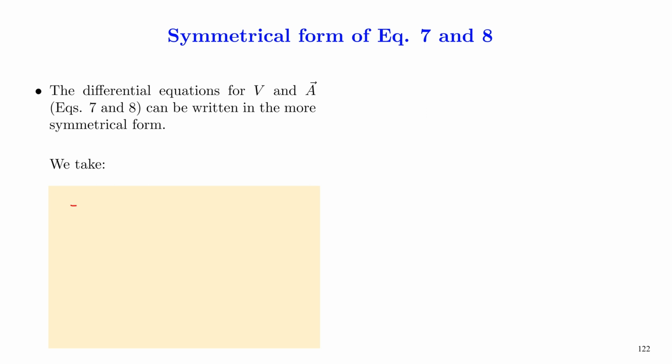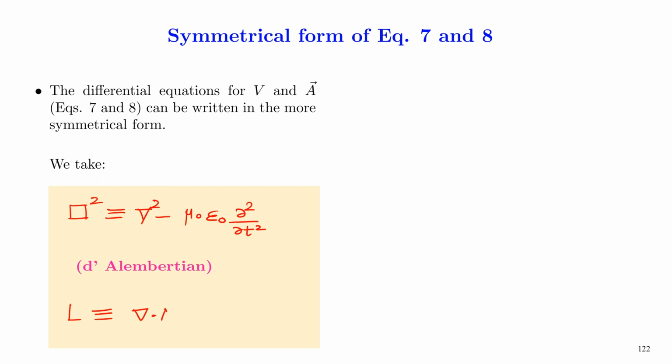For that, we have to introduce a new operator, box square, as del square minus mu 0 epsilon 0 dou square over dou t square. And this particular operator will be known as a D'Alembertian. And similarly, we introduce one more operator, L, which is del dot A plus mu 0 epsilon 0 dou V over dou T.